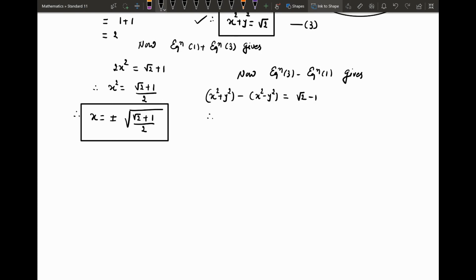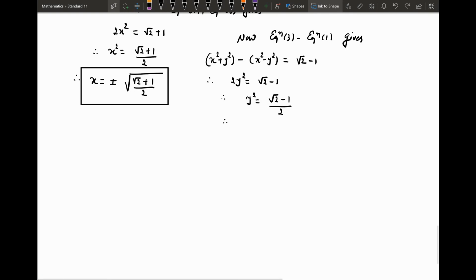On simplifying we will get 2y square equal to root 2 minus 1, therefore y square equal to (root 2 minus 1) upon 2, and therefore y equal to plus minus root of (root 2 minus 1) by 2.